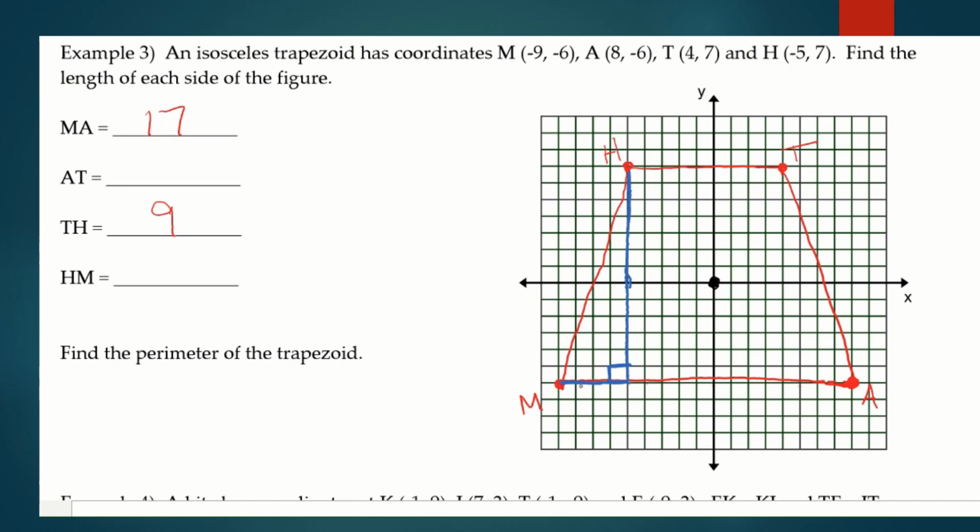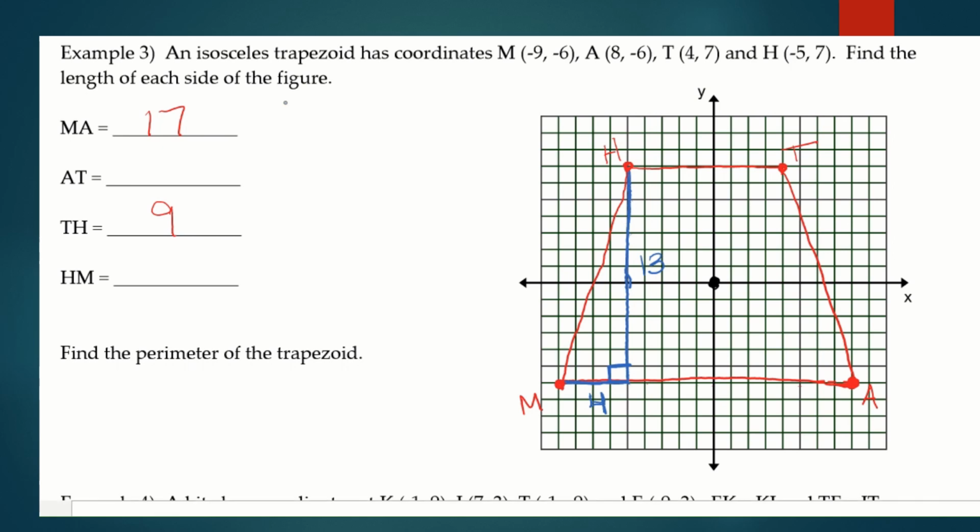So first, just going along the bottom here horizontally, from point M to the intersection of the legs, I get 1, 2, 3, 4. So this has a length of 4. Now counting upwards from that 90-degree angle to point H, 1, 2, 3, 4, 5, 6, 7, 8, 9, 10, 11, 12, 13. Okay. So once again, we're looking for the hypotenuse, which is side MH.